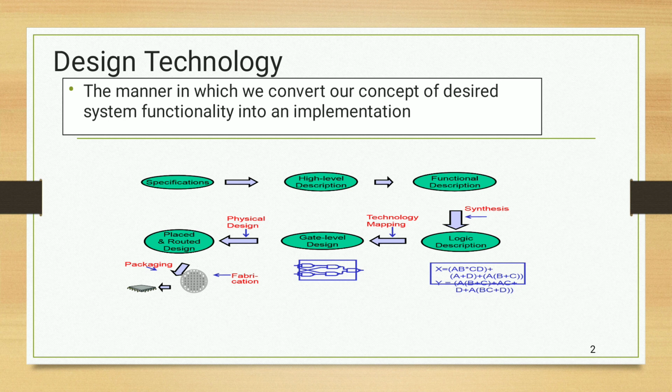Design technology involves the manner in which we convert our concept of desired system functionality into an implementation. We must not only design the implementation to optimize design metrics, but we must do so quickly.